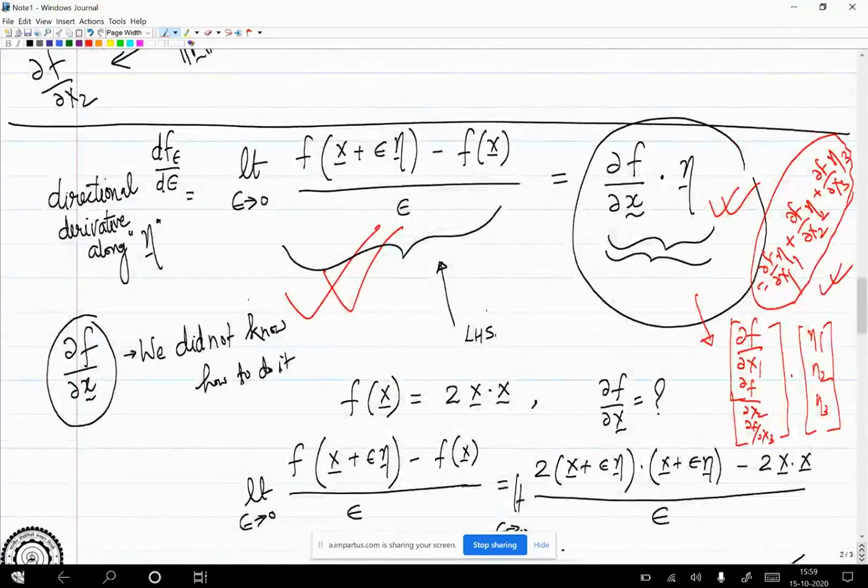But you don't have to come through component wise. This is more philosophical. I could directly write what I have written on the right hand side, because what is happening on the left hand side? On the left hand side, you are changing the argument of x. Can you see? Sorry, I am changing the argument of the function f, and the argument is x.